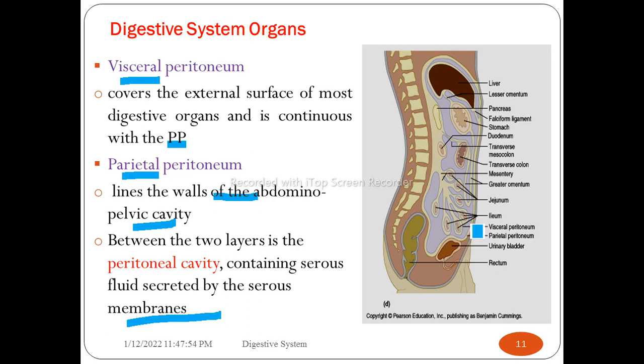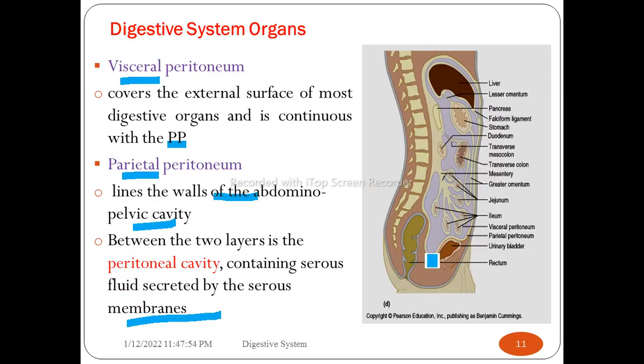Between the two there is a space, known as the peritoneal cavity. It contains peritoneal fluid, which is important for lubrication. So this is an important concept.